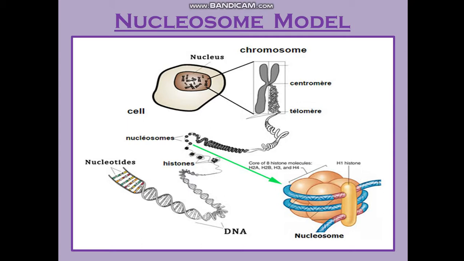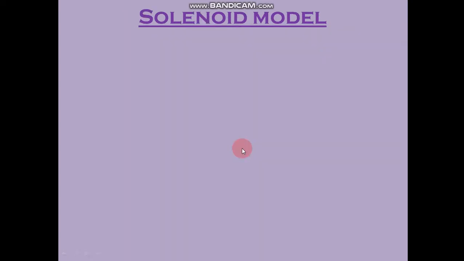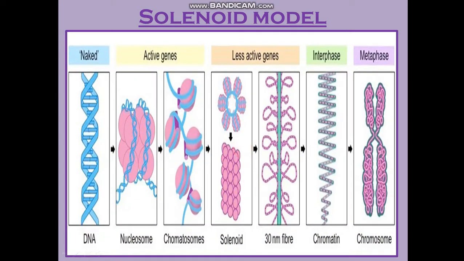Clear? The next important thing here is the solenoid model. After the nucleosome, it is again coiling into a coiled structure. These coiled structures are called solenoids. It will be understood from this model. See here. This is the naked DNA level of complexity. I have made this.